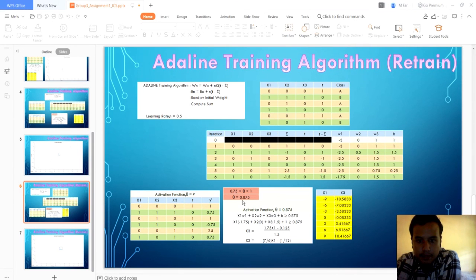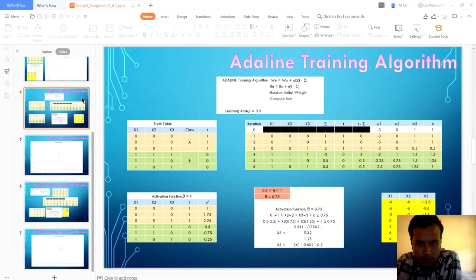To compare the values for the Adaline training algorithm that we have retrained, the activation function is 0.875. But for the original one, the activation function is 0.75.